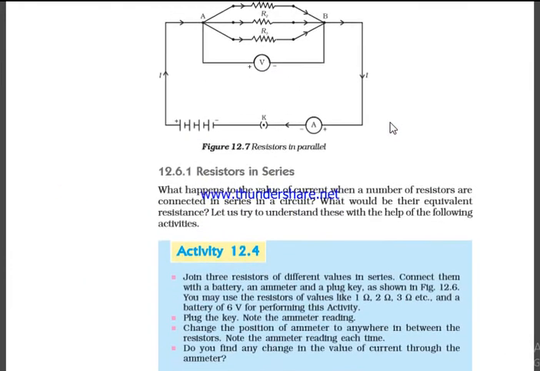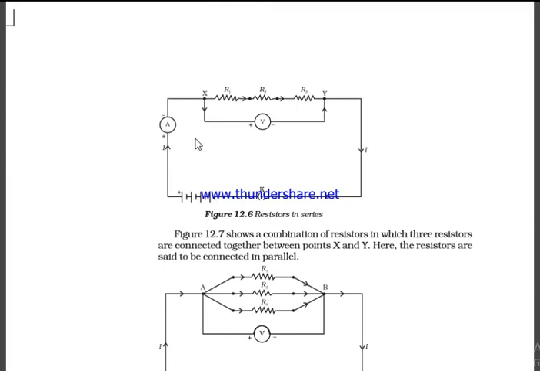Suppose R1, R2, R3 may be of different resistance, but even if you connect an ammeter at this point, or between R1 and R2, or between R2 and R3, or place the ammeter here or here, what happens when you close the key?